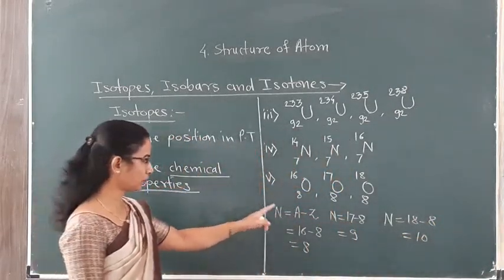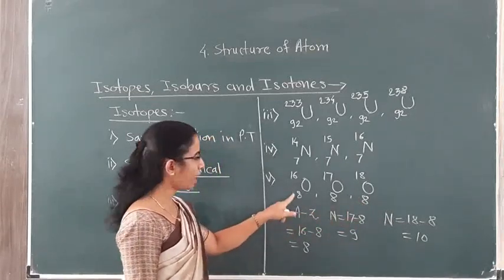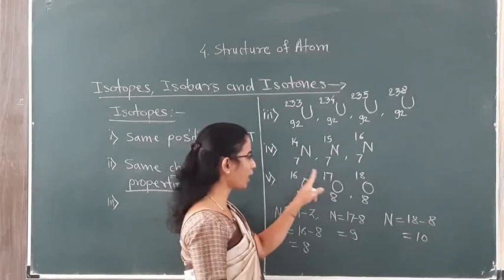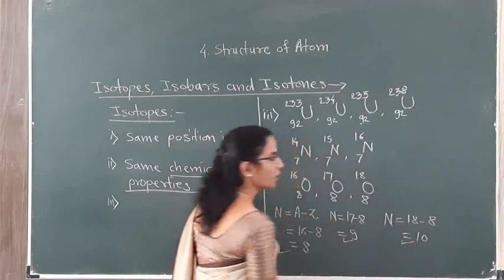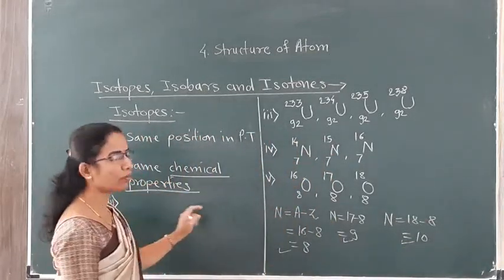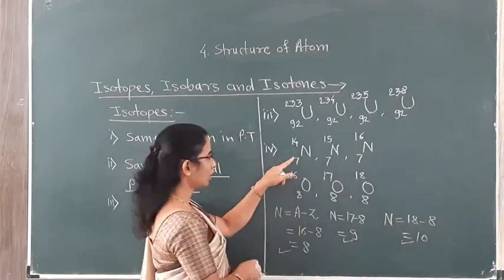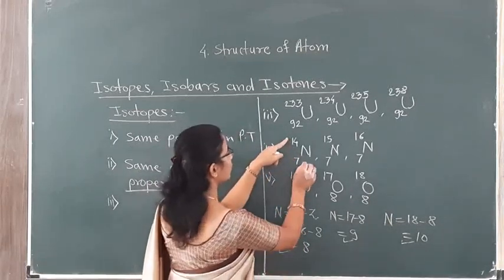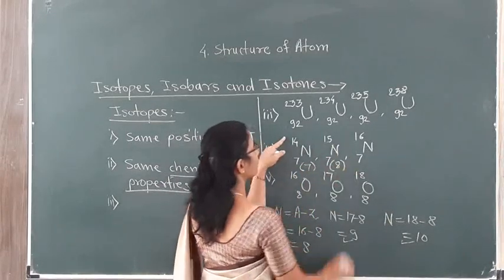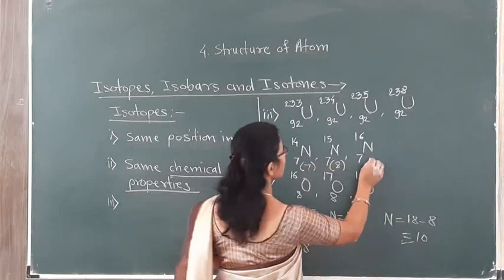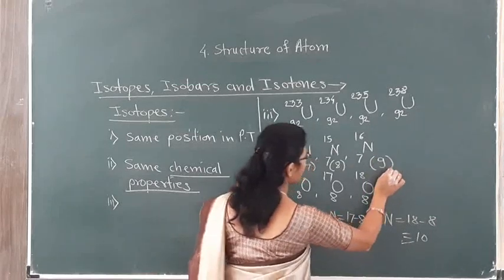Now you see here, these isotopes have the same atomic number. They have different mass numbers, and we have also seen that they have different numbers of neutrons. Similarly, if you count the number of neutrons in nitrogen-14, you will observe 7 neutrons. In the second isotope of nitrogen, 8 neutrons will be present, and here you will get 9 neutrons.